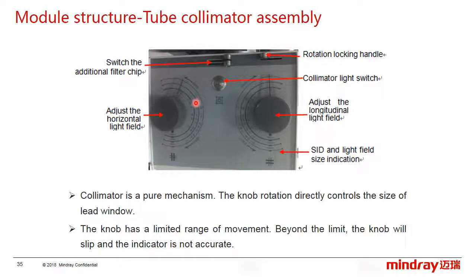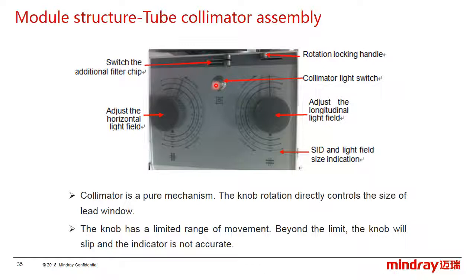We can rotate the knob to control the size of the lead window directly. Of course, the knob has a physical limit of movement. If beyond the limit, the knob may slip and the indication may not be accurate.